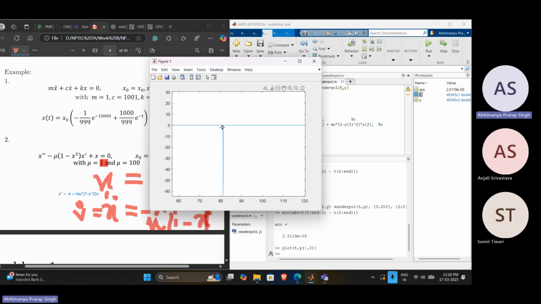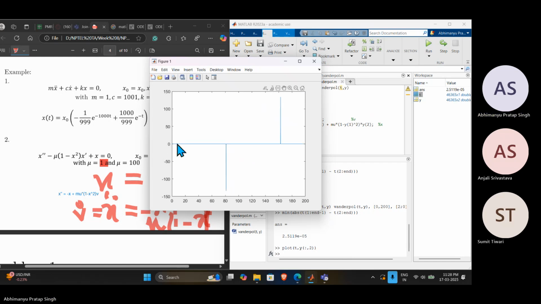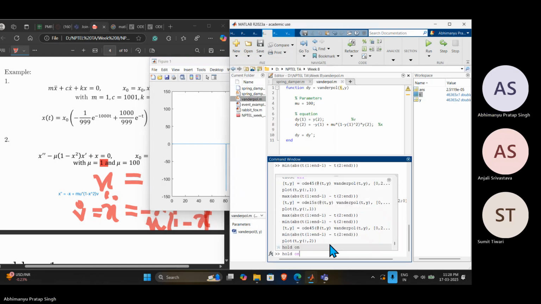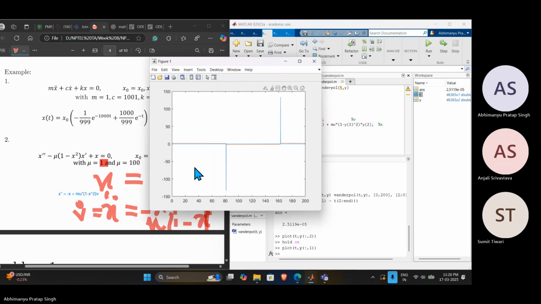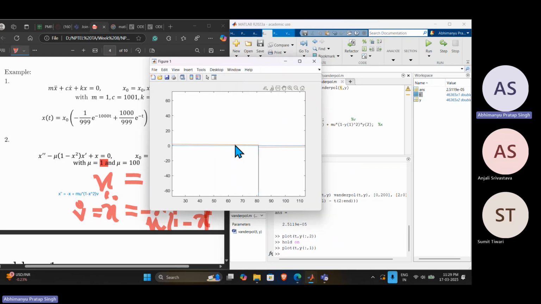We have everything close to zero, and then there is a sudden spike, and then again it goes to zero, right? You can see this is pretty much close to zero, and then a sudden spike, and then again close to zero. Whereas the other one has transients in it, then this, and then again some transients. So you can see that the time scales for this are very different, right?